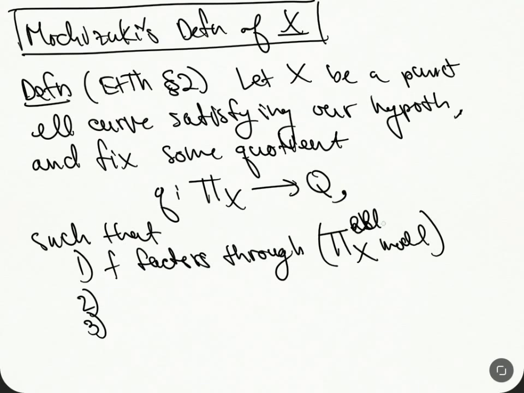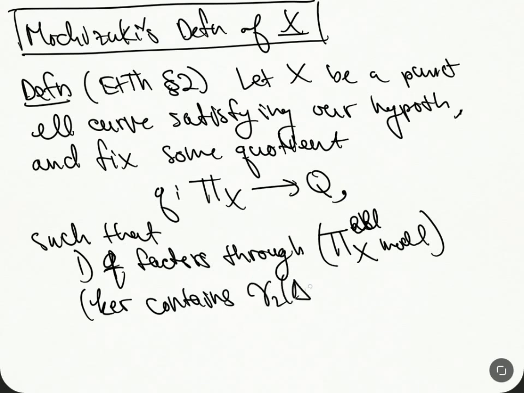There's this other group that he defines, so let me say a little bit about what this means. This means that the kernel of Q contains gamma 2 of delta of X. This is the second term in the lower central series, the second commutator, right?